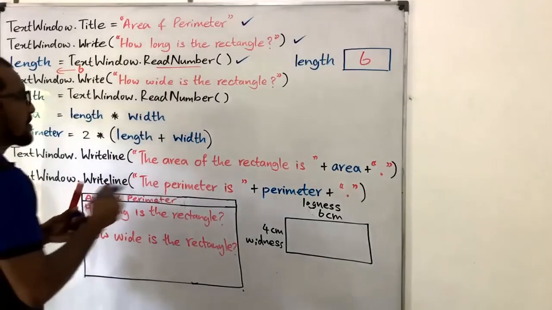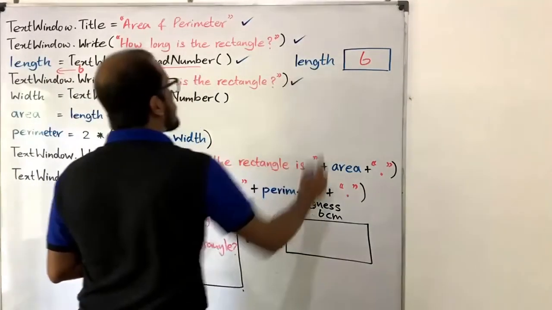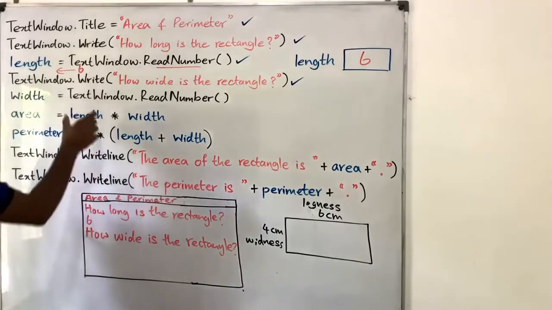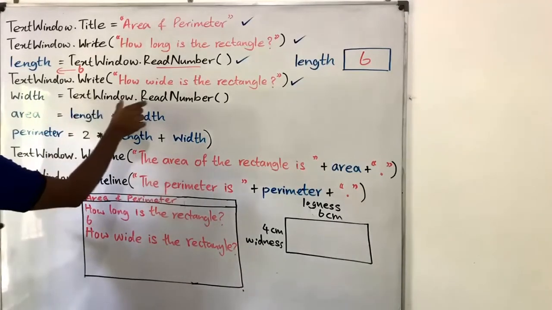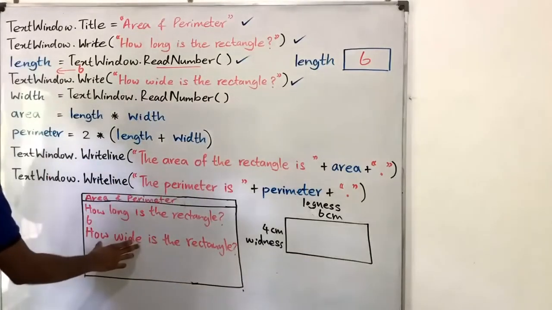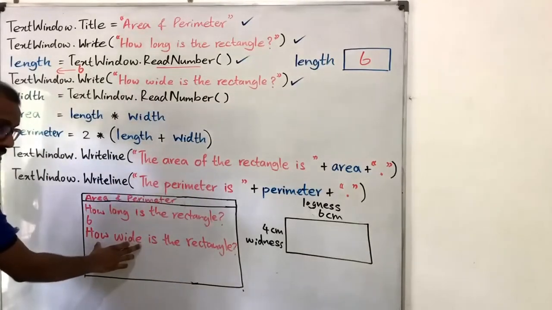So this is also done. Now in the fifth statement, it says text window. Now this question will be displayed in the text window.